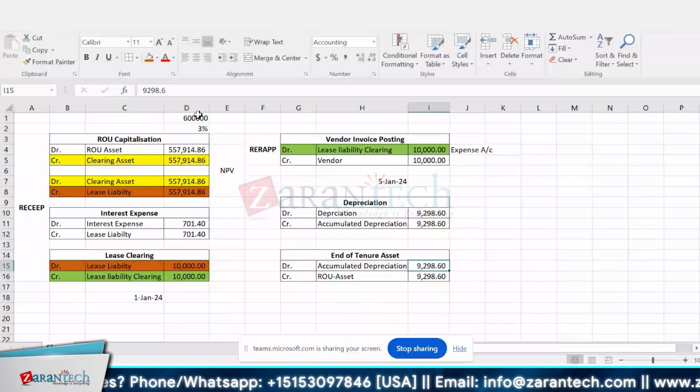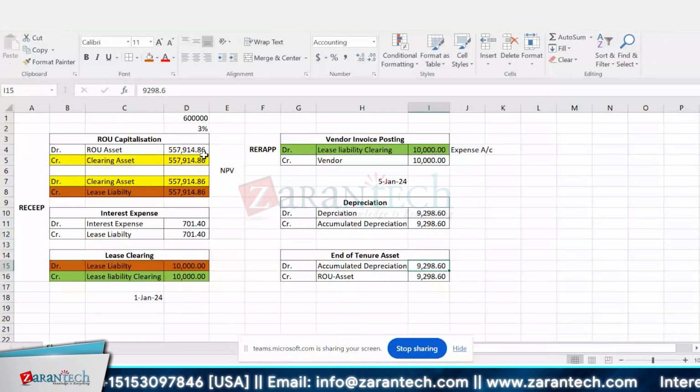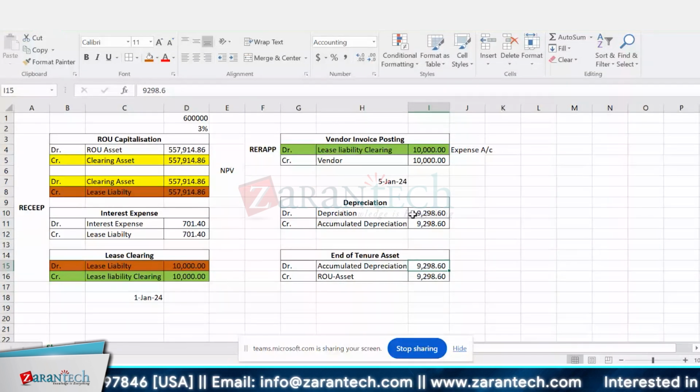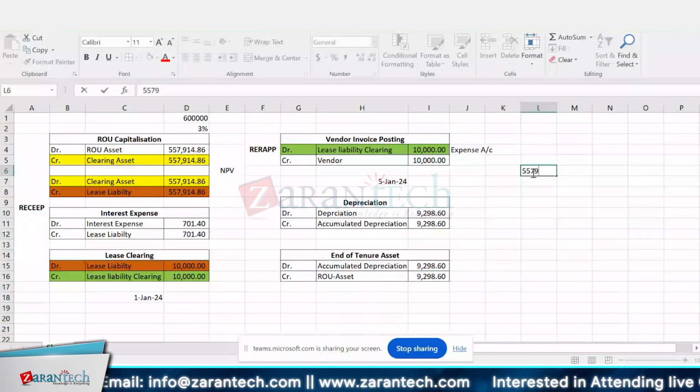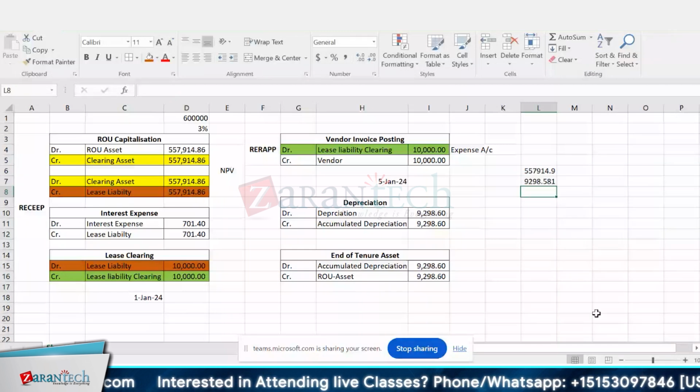Ideally, your asset amount was 557,914, and that is what we divided by 60, because we wanted to take out this per month value. 557,914.86 divided by 60. What is the amount? 9298.58, right? And we rounded it off.